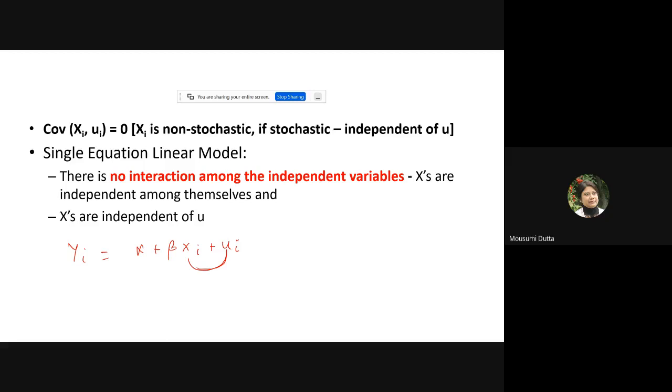First, you write down the assumption covariance xi ui is equal to 0.